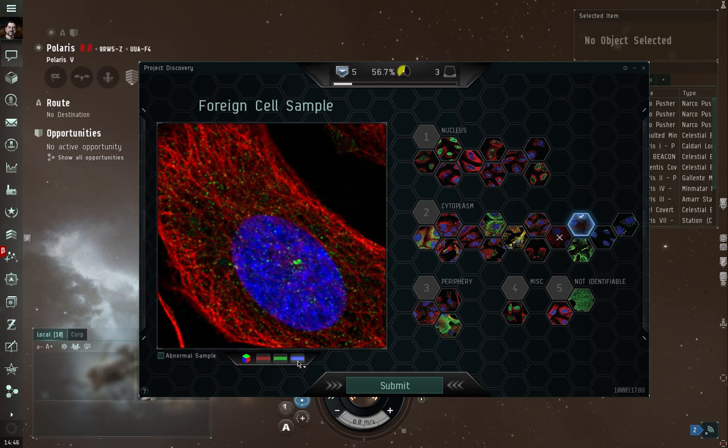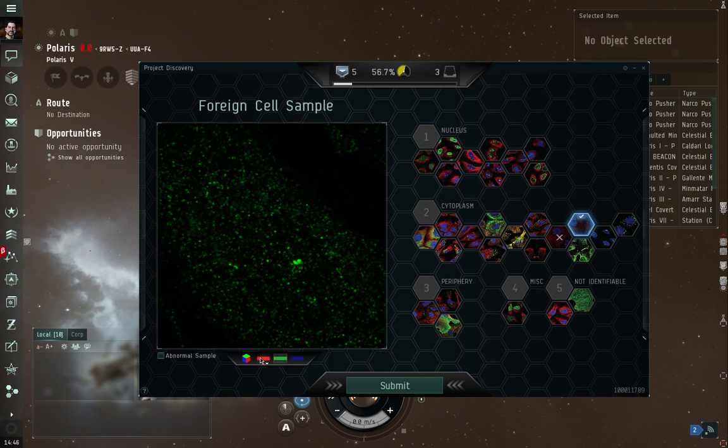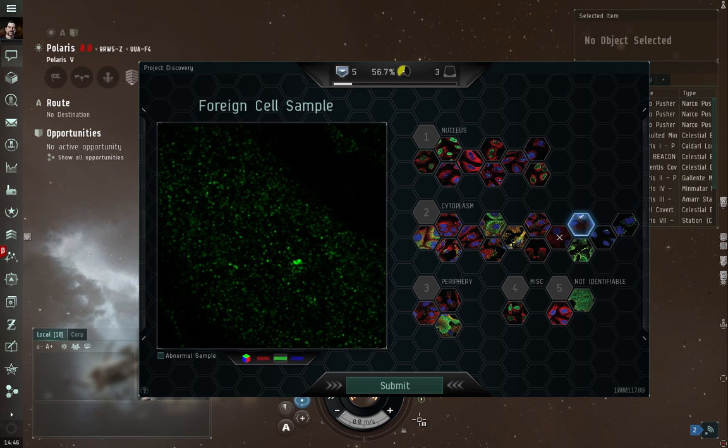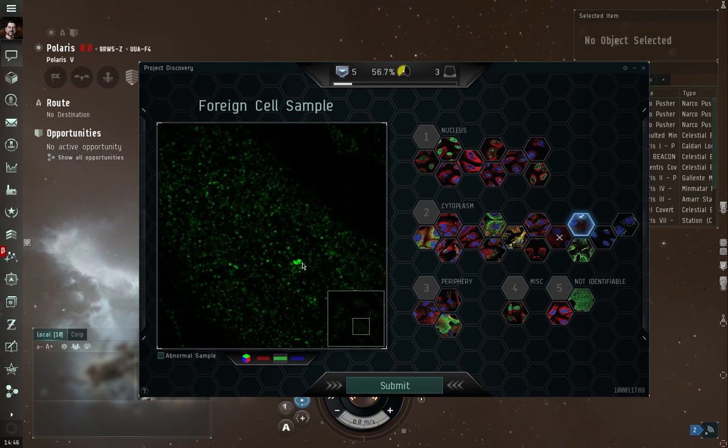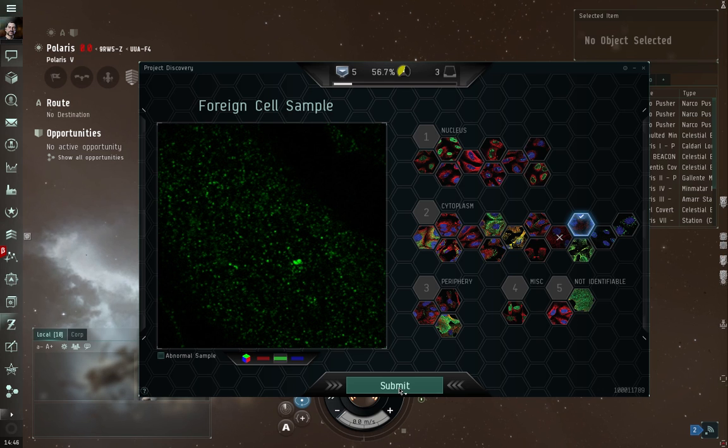So to me, this is just some extra background staining that the antibody got stuck a little bit, but some very, very nice centrosomes there.